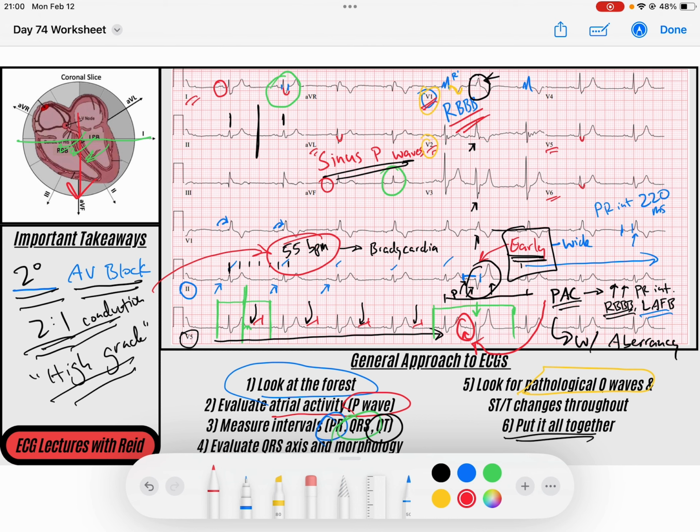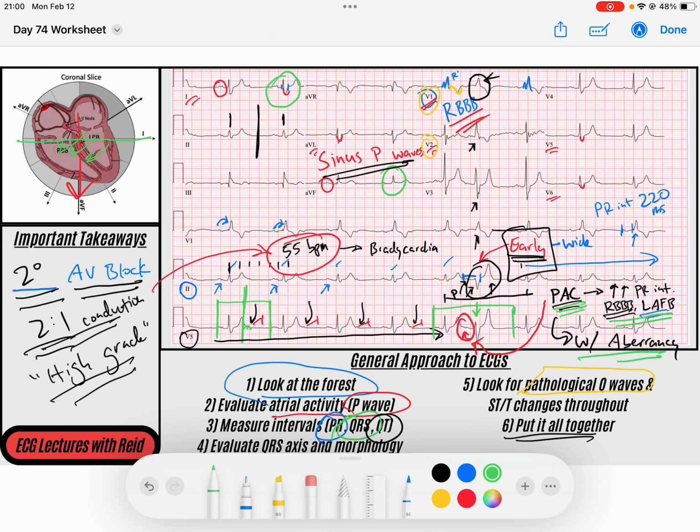So we've got a bradycardia in that sense. And there also is a premature atrial contraction that conducts with a functional aberrancy with an additional left anterior fascicular block on top of that right bundle branch block.